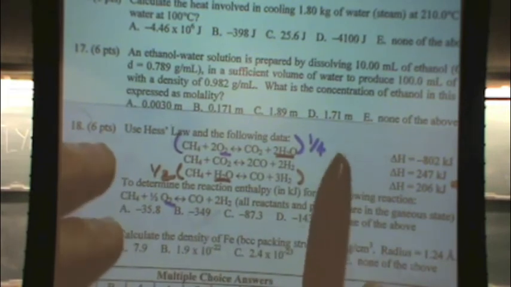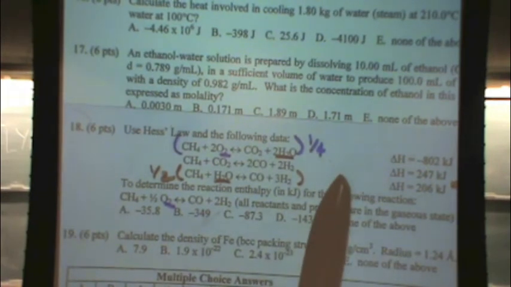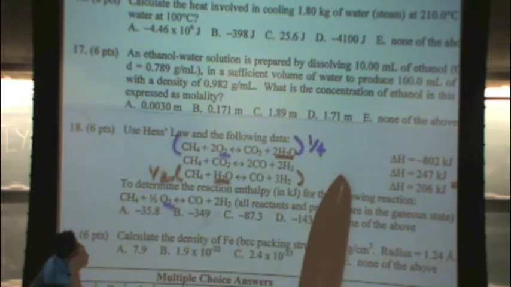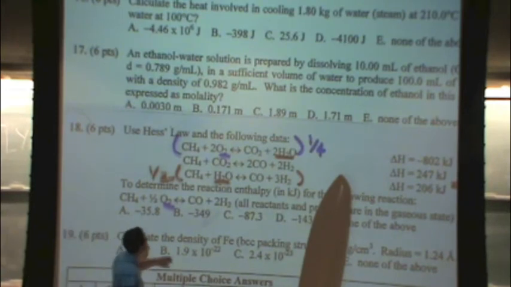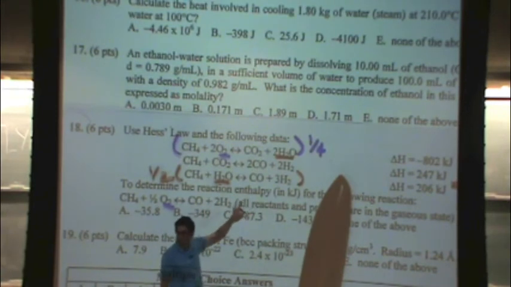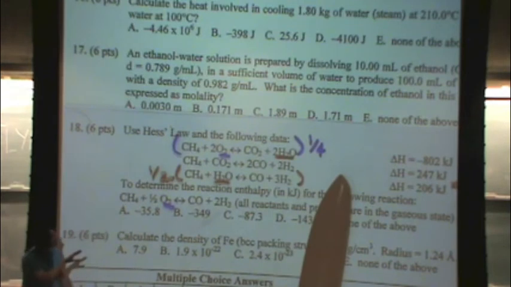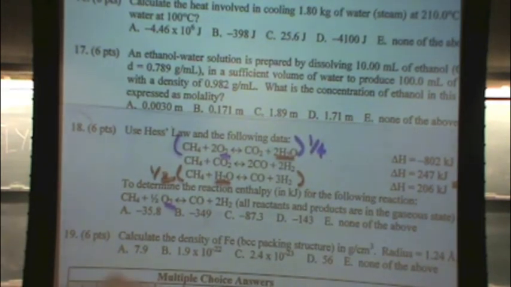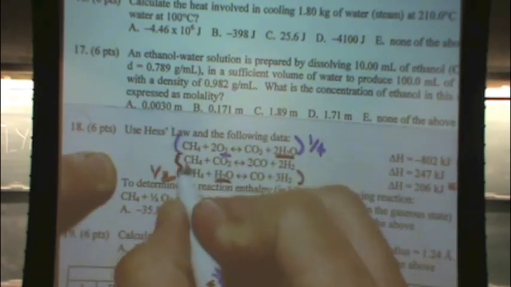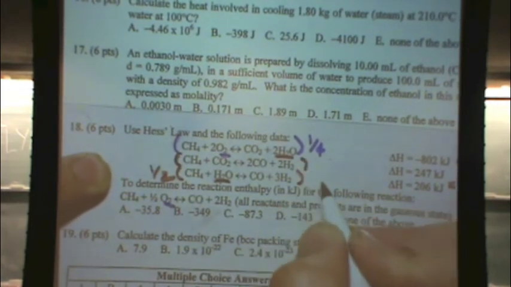Okay. Now, what is the next intermediate I should take a look at? I have two choices actually. Oh, no, one choice. CO2 is the best one because it only appears twice. CO2 must cancel. I have 1/4 right now from reaction 1 in the products. So I need what?